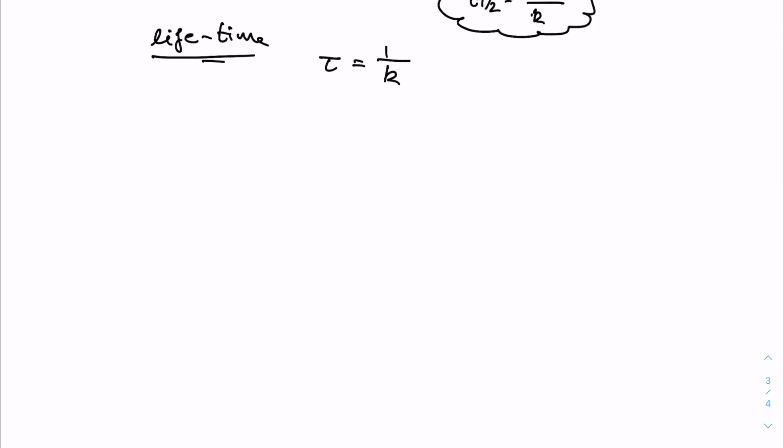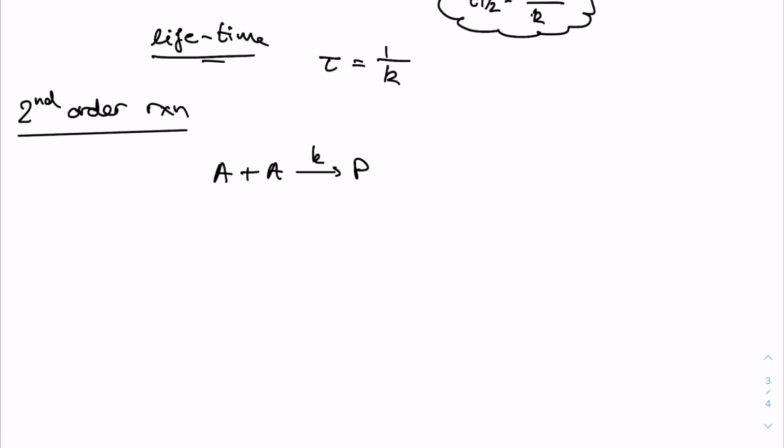Okay. Let's move to second order reaction. Okay, so let's say we have A plus A gives a product P with rate K. So we have half dA dt is minus K times A squared, right?